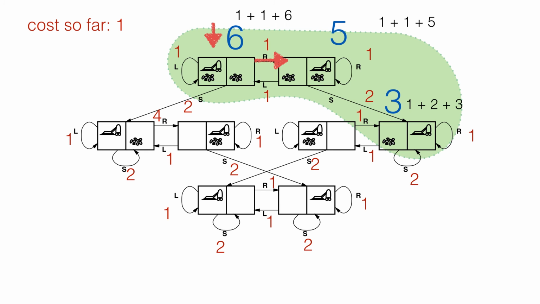What we want to look at is the cost to get to that state, and then how much the oracle is telling us it's going to cost to get from that state to a goal. So according to these numbers, we should try exploring the state that we get to by activating the suction, right? Because according to the oracle, it's going to cost us 2 to get to that state, but then only 3 more from there.